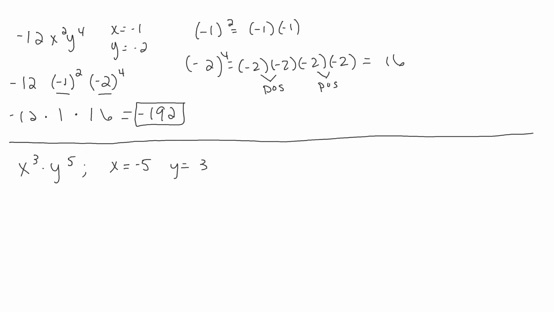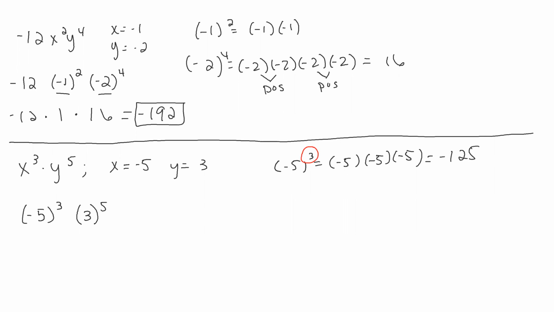Okay, so I get -5, which is x to the third power, times 3 to the fifth, where 3 is y. Well, -5 to the third power is -5 times -5 times -5. My exponent here is odd. That means my final product is going to be negative, and it's going to be -125.